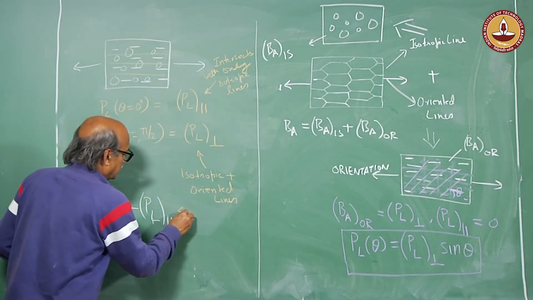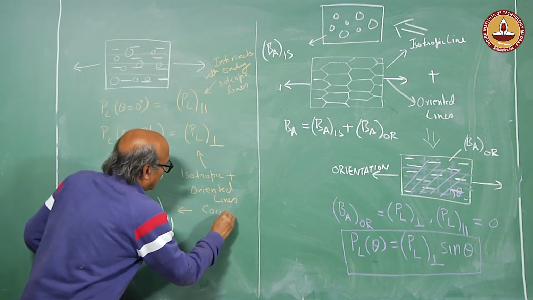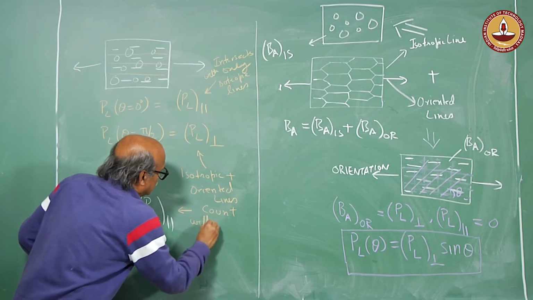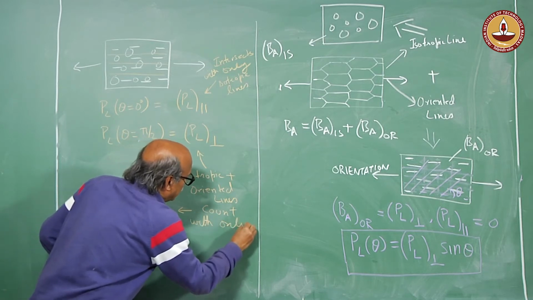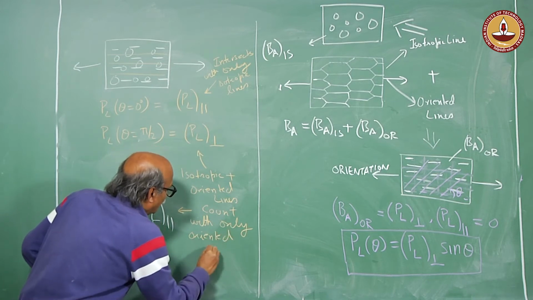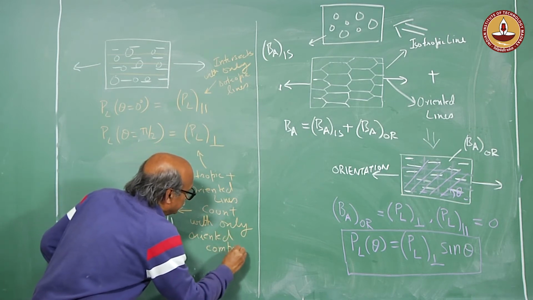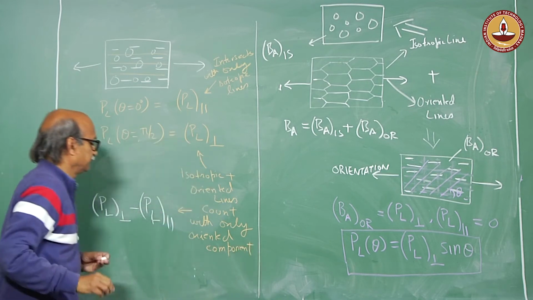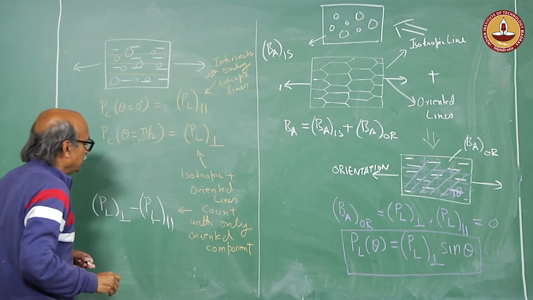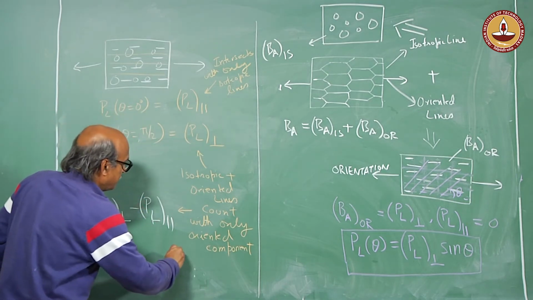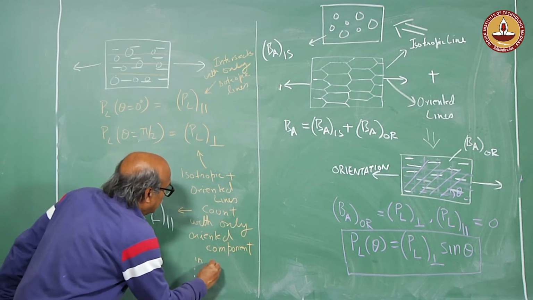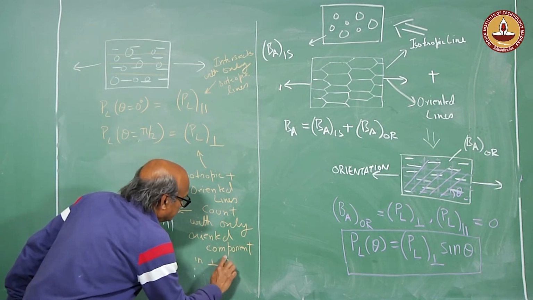So, this represents a count with only the oriented component in the perpendicular direction.